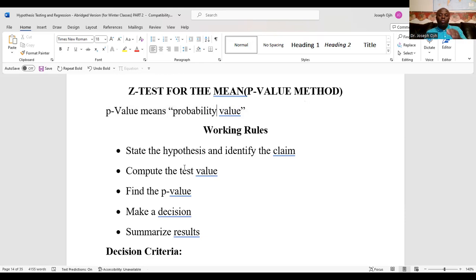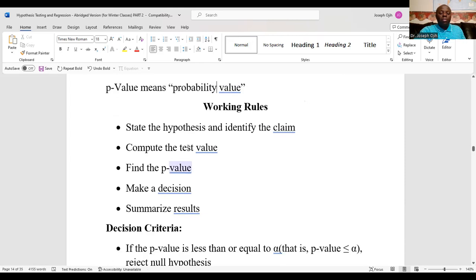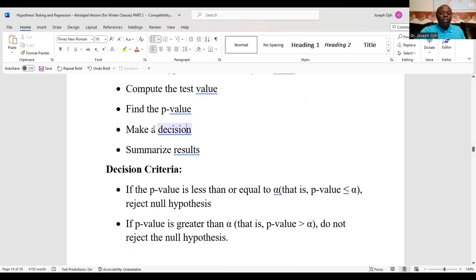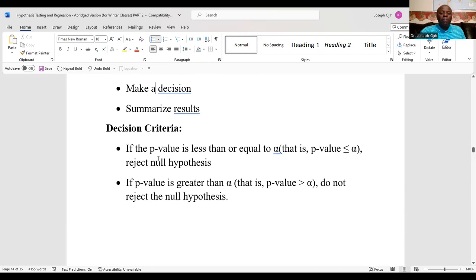Your decision will be the same as if you are using the traditional method. Then you summarize the results. If you're using the p-value method, this is your decision criteria: if the p-value is less than or equal to alpha, then you reject the null hypothesis. But if the p-value is greater than alpha, do not reject the null hypothesis.